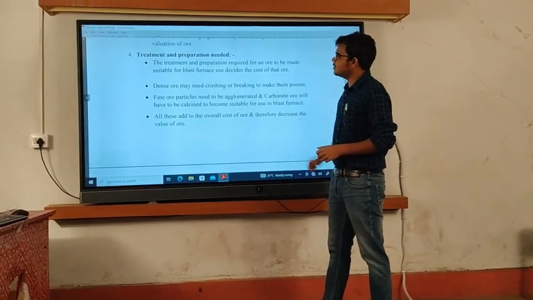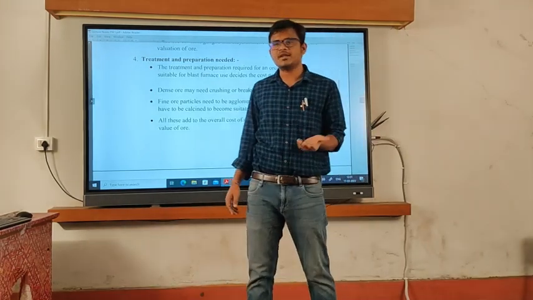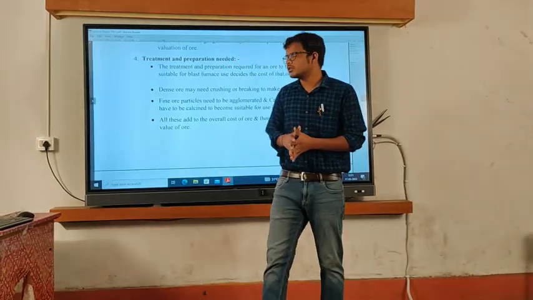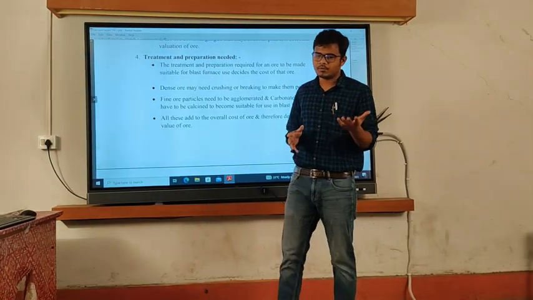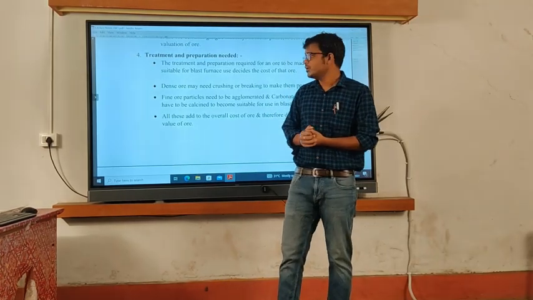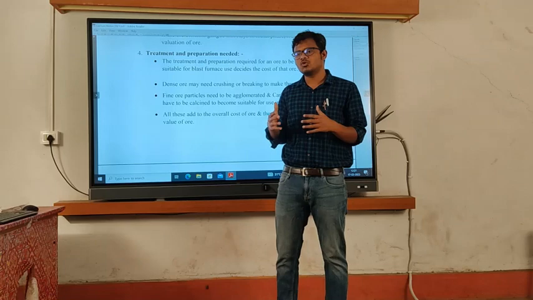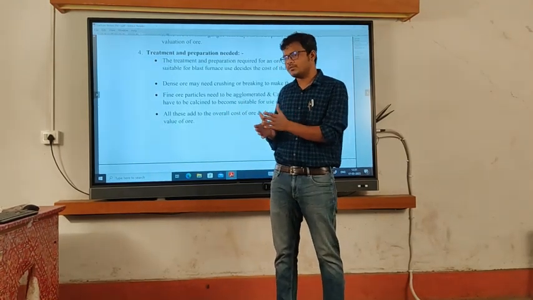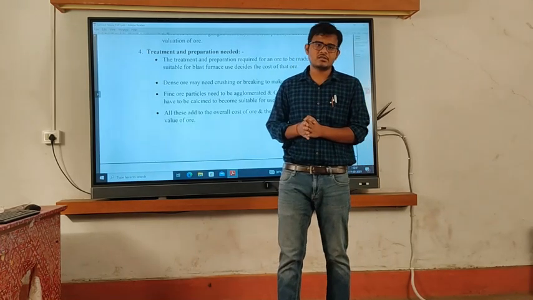So the next parameter is treatment and preparation needed. That means what are the various mineral dressing or mineral processing techniques needed for that ore from the mines to the furnace. Right. If we have to treat the ore more and more, every step of treatment or mineral dressing will increase the cost.